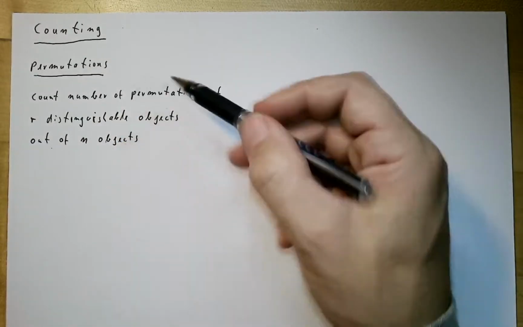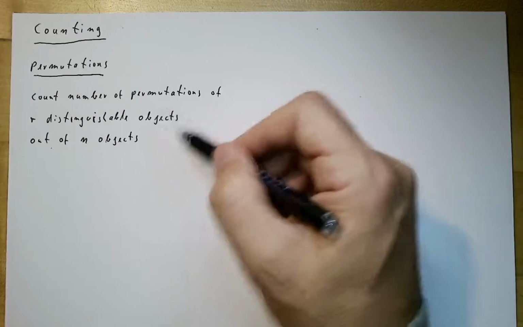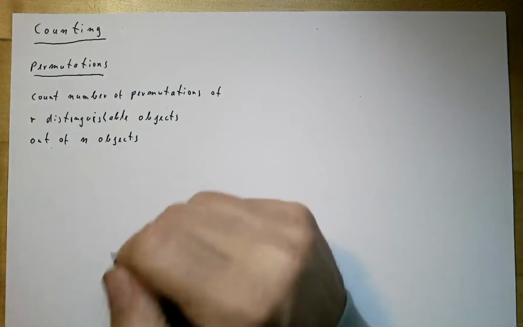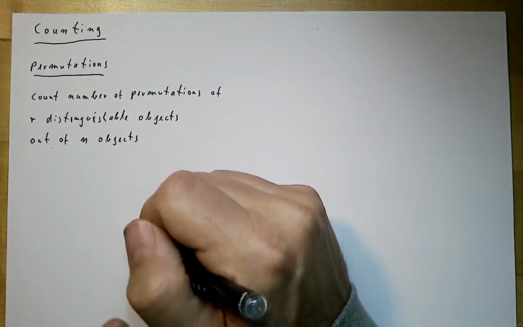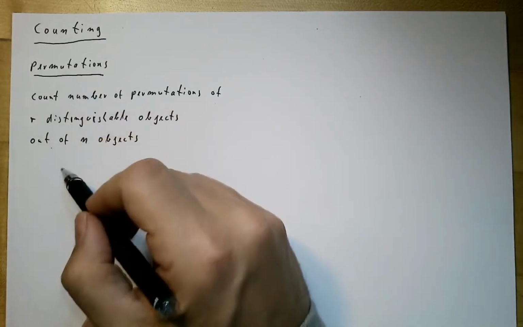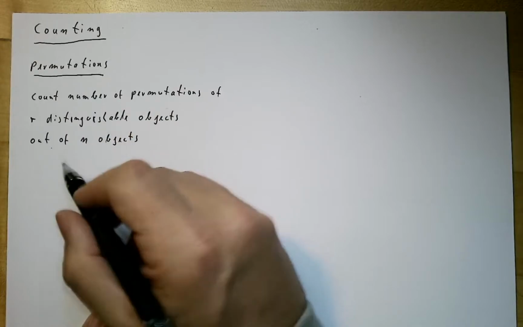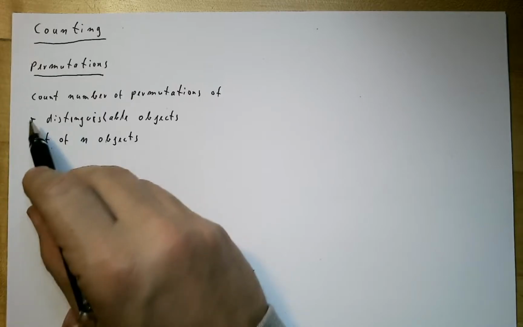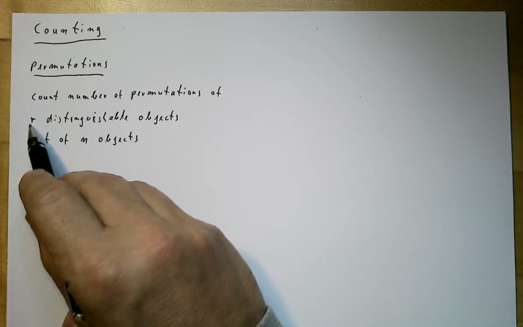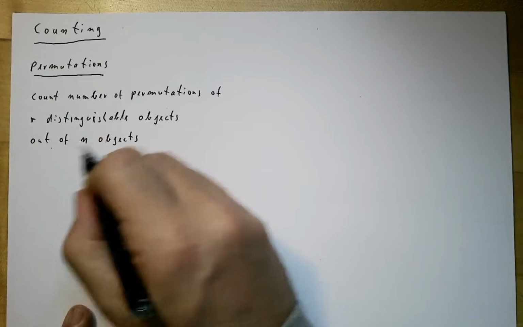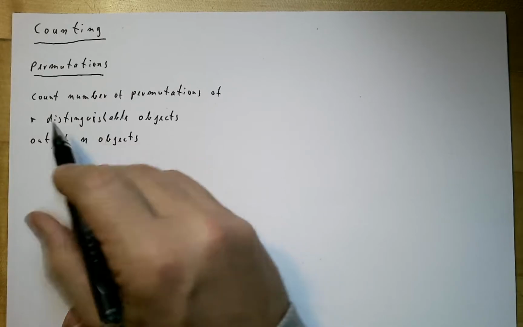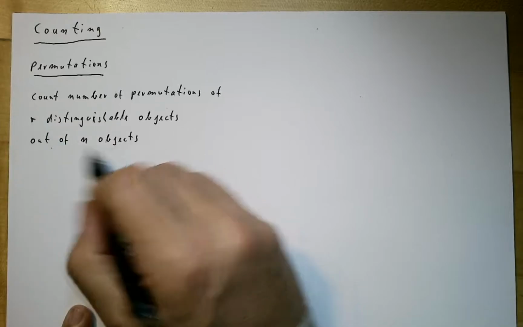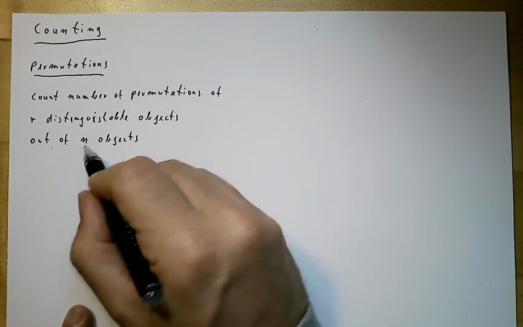Counting is always a bit tricky if you have many objects, and then you want to select some of them, and you want to know all kinds of possibilities. With the permutations, this goes like this. You want to have r of them, you have n objects. So the first can be, you have n possibilities.